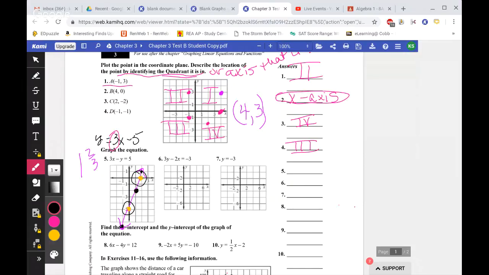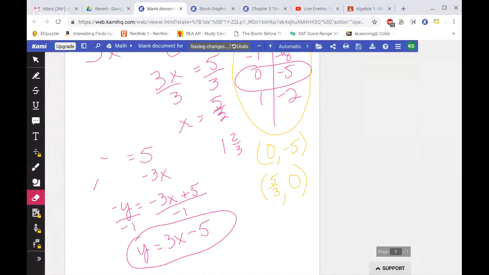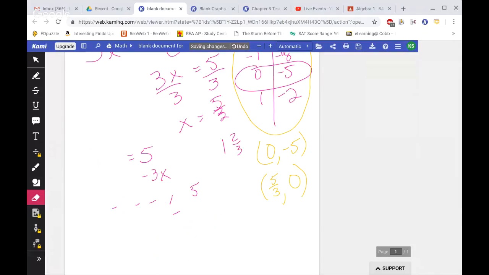Thank you for letting me know. It makes the most sense to you because you're getting coordinate pairs and plotting them. Okay, cool. Thank you for letting me know, because really, a lot of this is up to you.